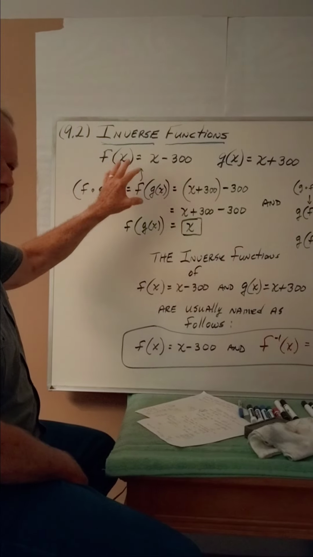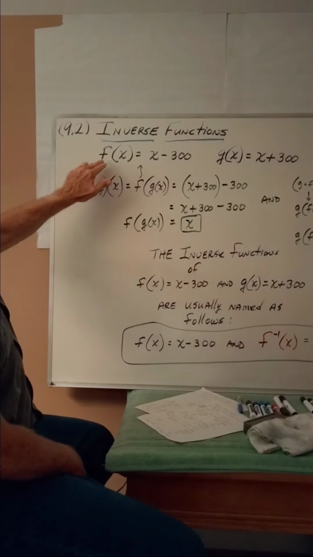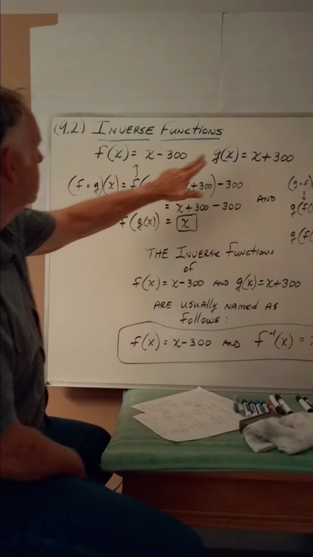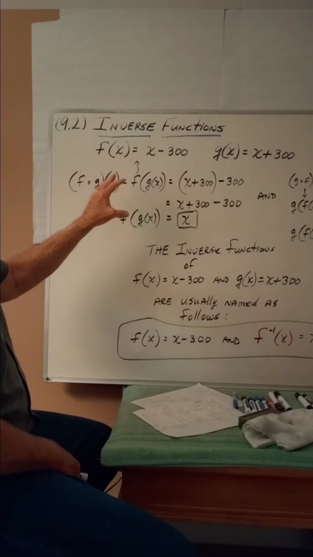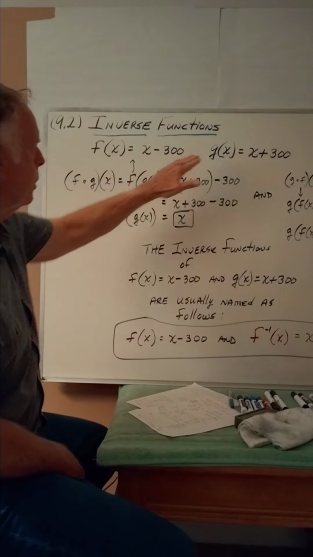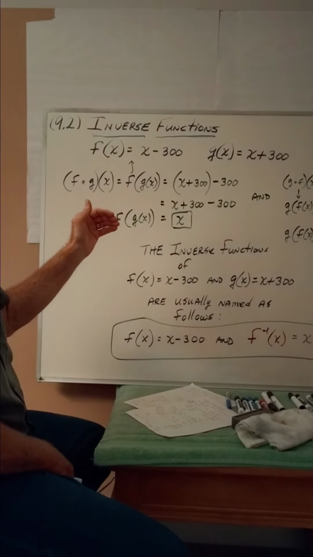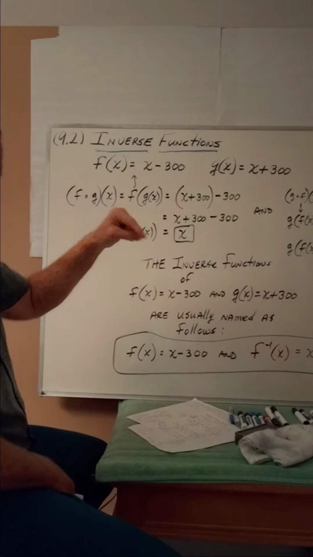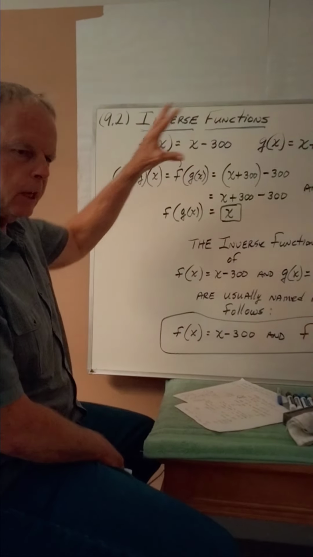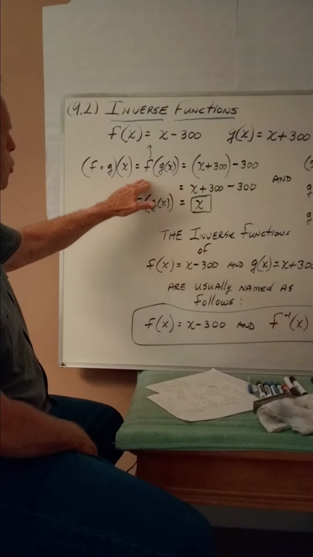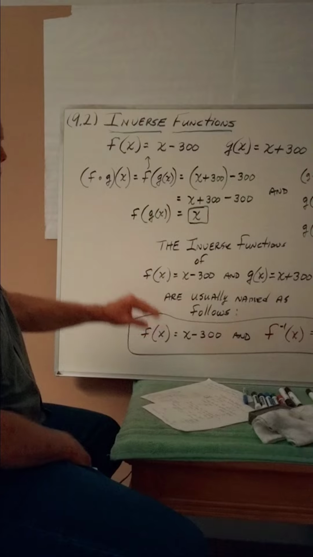To verify, when we are looking at two functions, function f and function g, to illustrate that these two functions are inverse of one another, in other words, one undoes the other, we have to show the composition of functions.